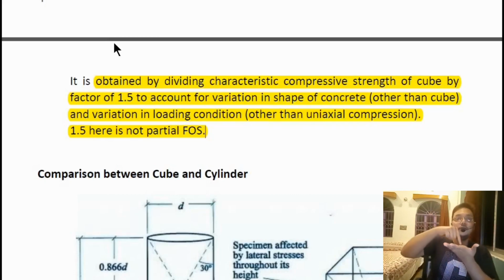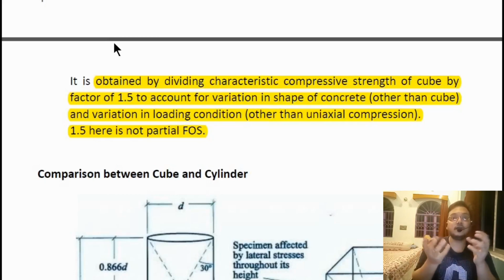Suppose in our test we were using only the compressive strength, but the cube can also be facing forces like tensile strength and the flexure strength. There are many other forces or stresses which a concrete element will be exposed to in a real life scenario.